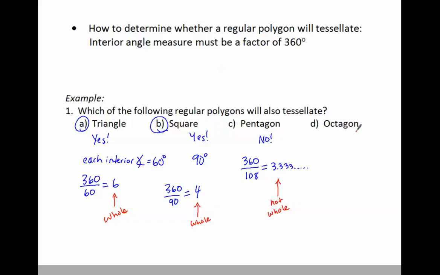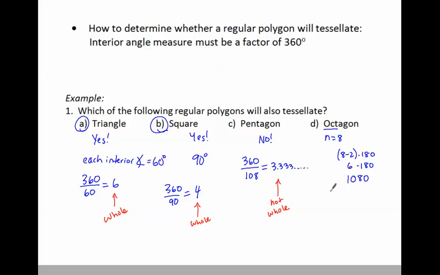So what about the octagon? So let's work this out. Oct, n equals 8, like octopus. Octagon, n equals 8. So 8 minus 2 times 180, because I don't really remember the interior angle measures of an octagon, but we can figure it out. So that makes 6 times 180, and that is 1080.